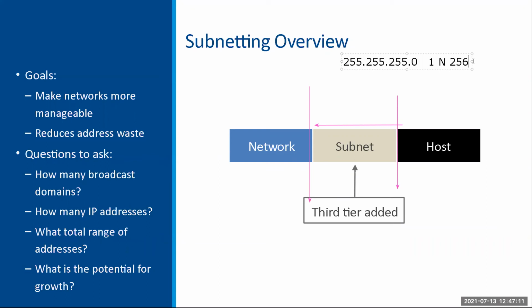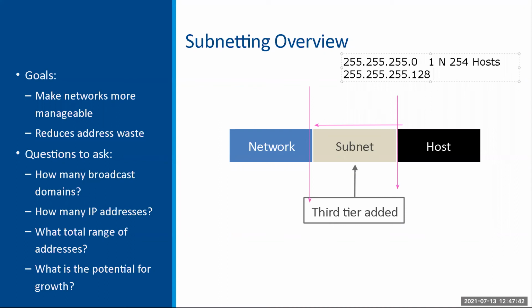And as we talked about on the prior page, that would be 254 hosts. So remember, I subtracted 2 from that. If I decide to subnet that network, then my net mask would look like this. That's 255.255.255.128.